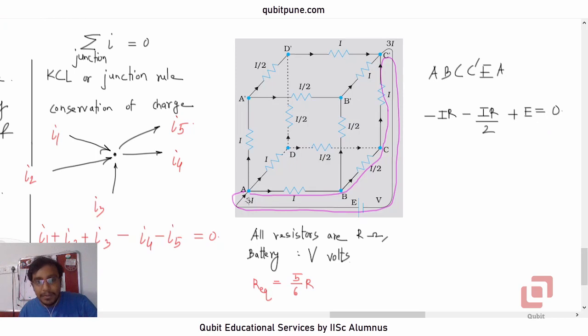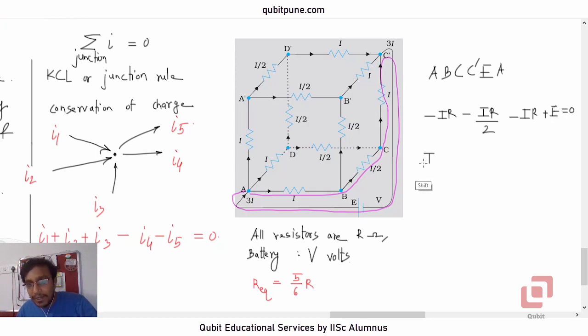Let me check it again. This is I. Oh, wait, I missed one resistance here. This is I by 2, and then this is again I, right? So minus IR minus IR by 2 minus IR plus E equals 0.